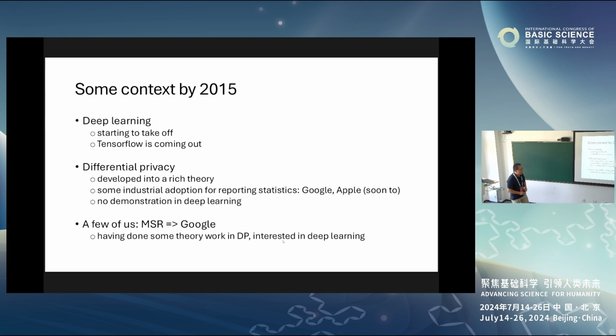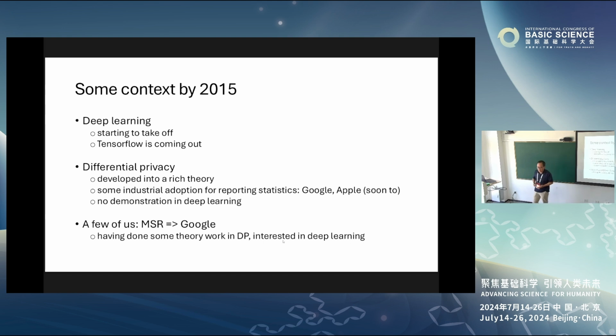Then on the differential privacy side, this was almost 10 years from its initial definition. There was quite a bit of ramp up time, but it had developed into a very rich theory. It had shown connections to all kinds of things. We also did some work showing it has a connection to convex geometry. It had developed into a very fascinating theory, and it was starting to have some industry adoption for reporting statistics.